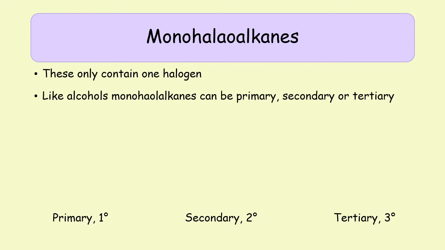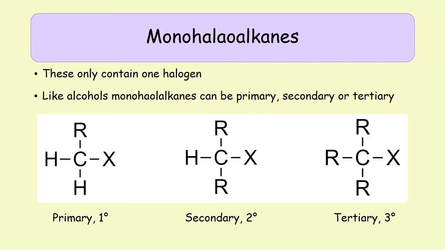Now, monohaloalkanes are the main types of haloalkanes that you're going to be dealing with in synthesis reactions. These contain only one halogen on their system. And like alcohols, they can be primary, secondary, or tertiary. In a primary haloalkane, where X represents the halogen, the halogen is on a carbon that has only one or no other carbons bonded to it. If the halogen is on a carbon with 2 carbons bonded to it, it is a secondary haloalkane.